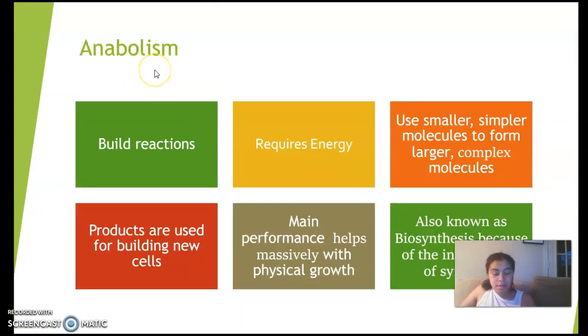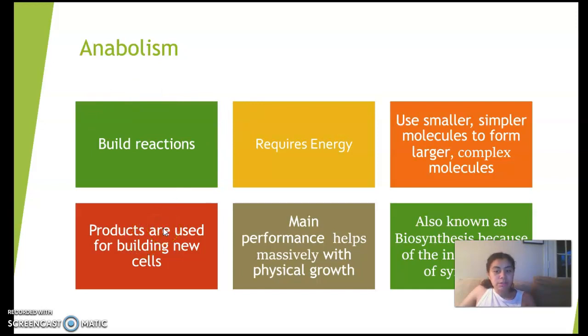Well, anabolic reaction comes from the word anabolism. Anabolic reactions build. They use smaller, simpler molecules to form larger and complex molecules.